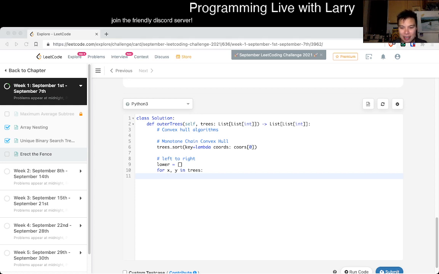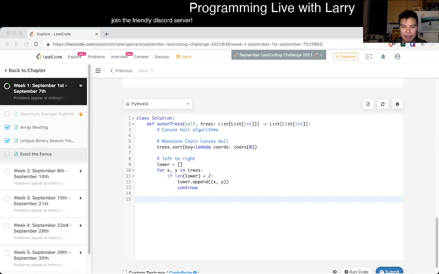Okay, well, first of all, if the length is less than 2, then we just append xy, and then we continue. Otherwise, we get the area of a triangle, right?